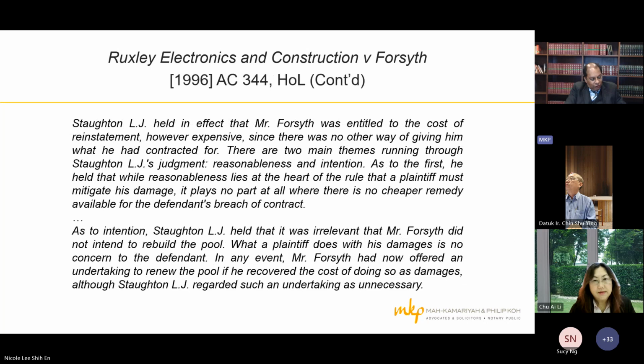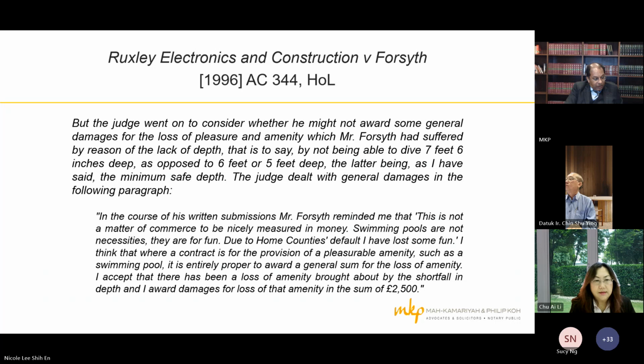Now, to put it into context, the amount that a new pool would have cost was also summed up in a part that I've not quoted. The only way of increasing the depth of the pool was to demolish the existing pool altogether and start again at a cost of £21,560.